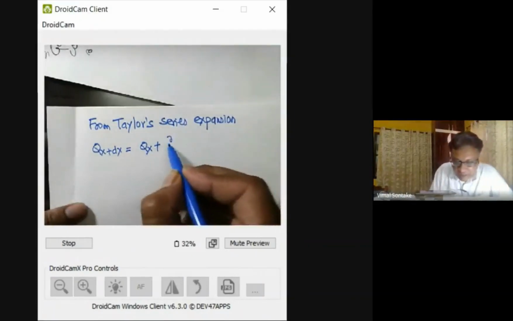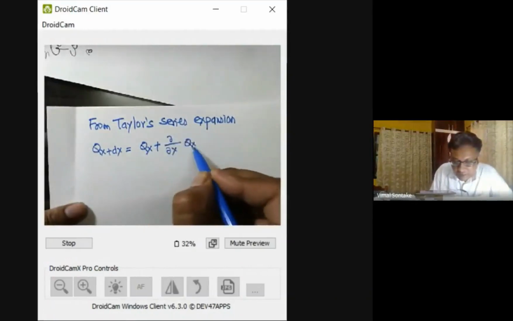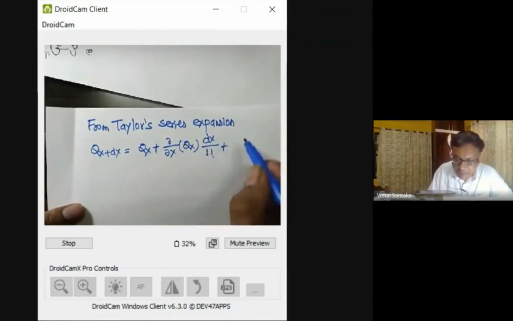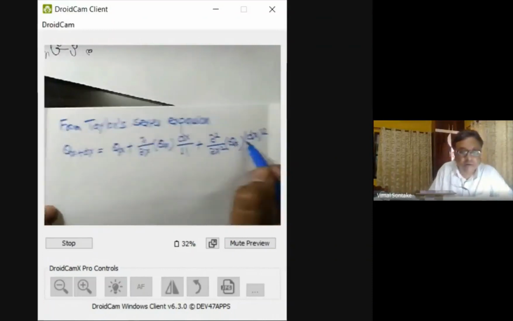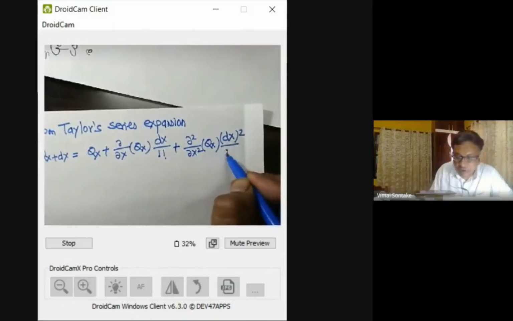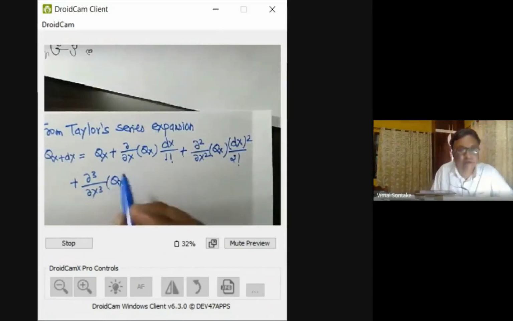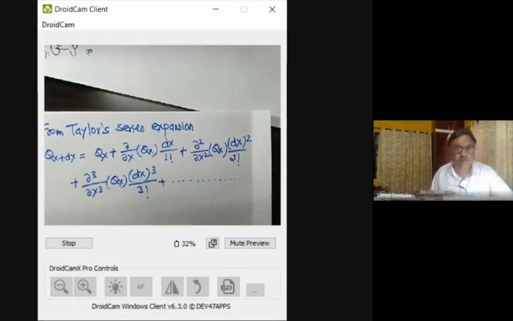So it will be del Qx over del x into dx by factorial 1, plus del square Qx over del x square into dx whole square over factorial 2, plus del cube Qx over del x cube into dx cube over factorial 3, and these terms will go on and on.